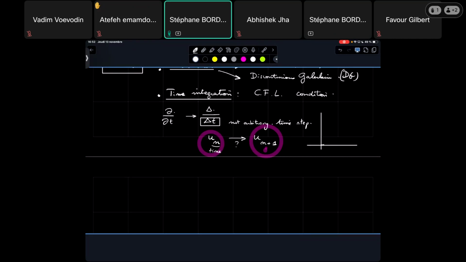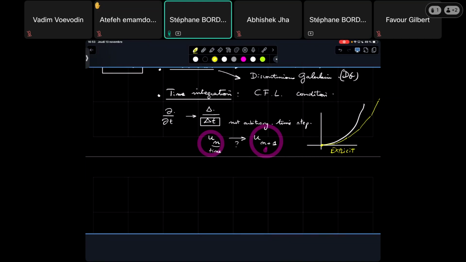Let's say that this is the exact solution. You're going to do very well at the beginning, maybe, but you're going to make a small mistake, and then that error will simply accumulate, and after a while you will be completely off.